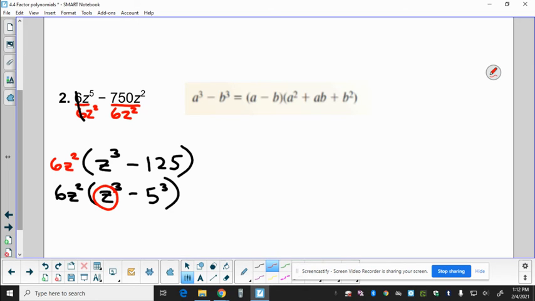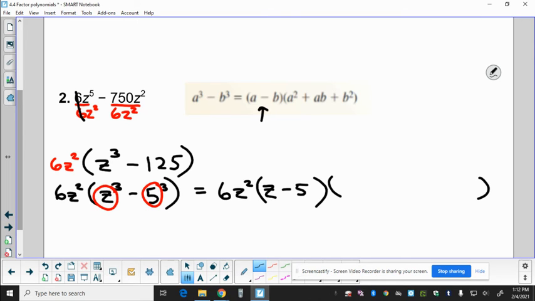This in the formula will represent A, and that 5 will represent B. So what I'm going to do is write the factorization of this. So the 6z squared is the greatest common factor. That needs to be there. Now I'm going to write my binomial, this right here. That will be z minus 5. That's the two cube roots.